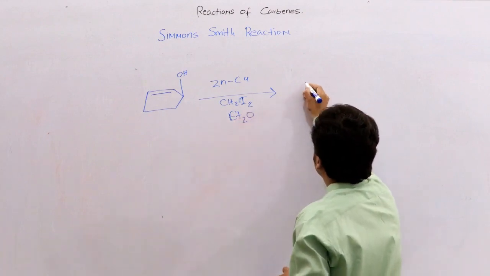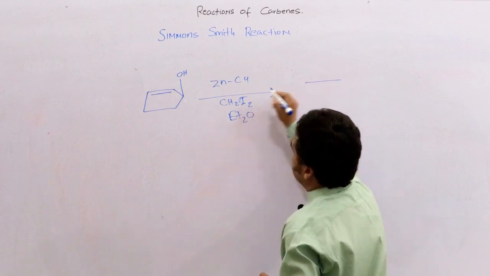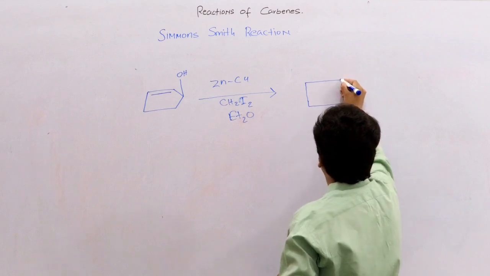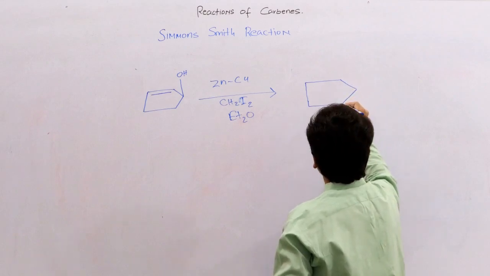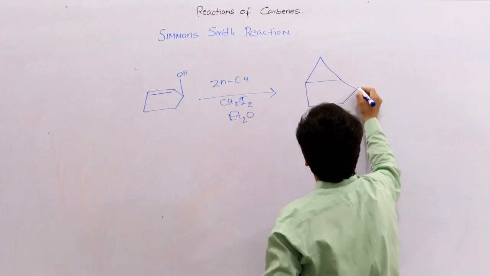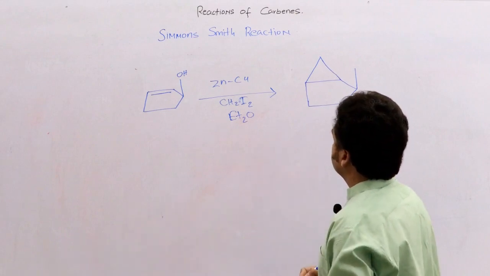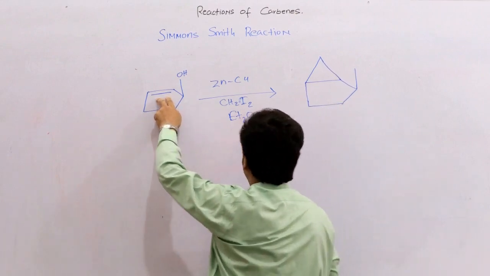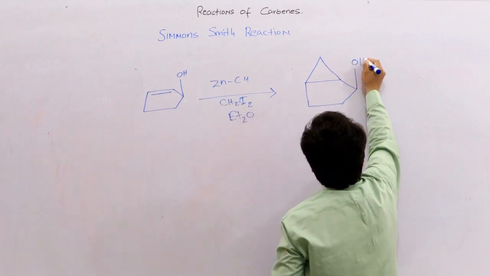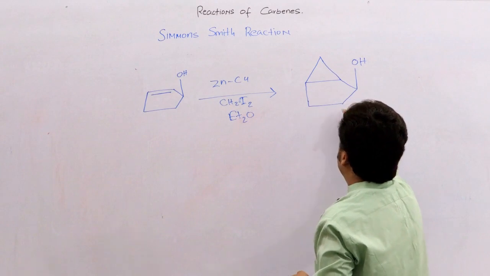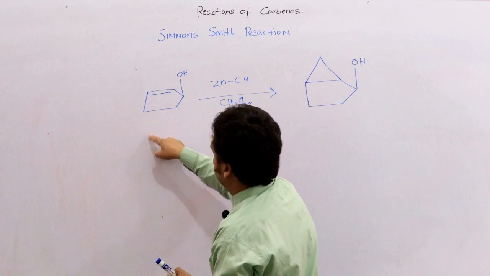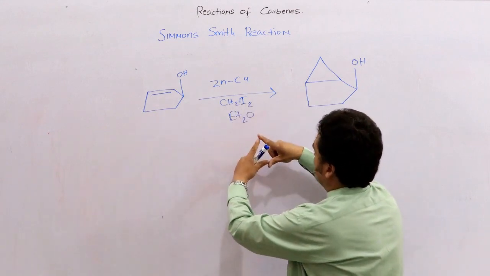So amazingly, when the product was produced, the cyclopropane ring was formed, and it was up, just like this, on the same side as the OH. This is our cyclopropane. This is the cyclobutane ring, and the cyclopropane ring was formed above it.